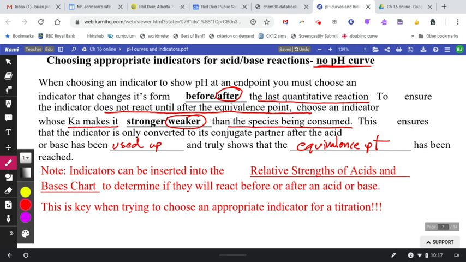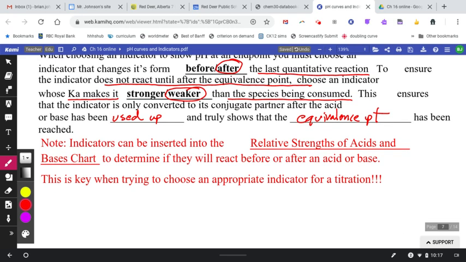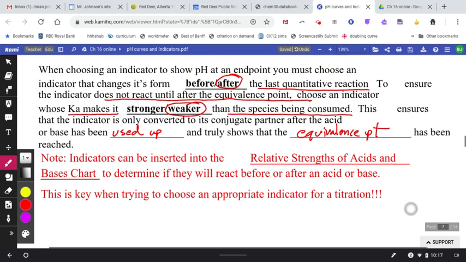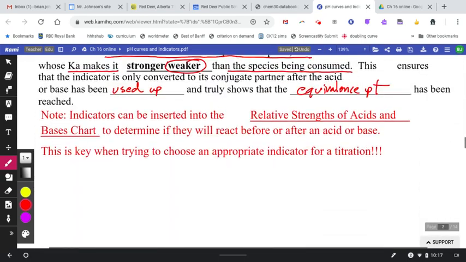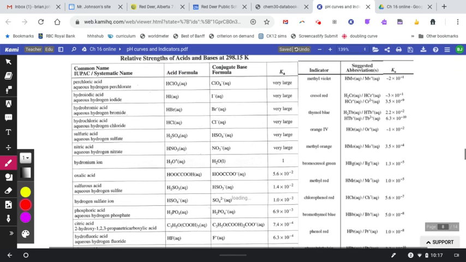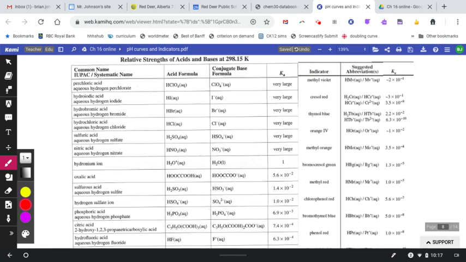Now that's pretty theoretical. You may be thinking, what the heck does that mean? So I will show you that. Okay, and I've got our table of relative strengths right here. I've put the two tables side by side. So here's our acid base and here's our indicator table of relative strengths.